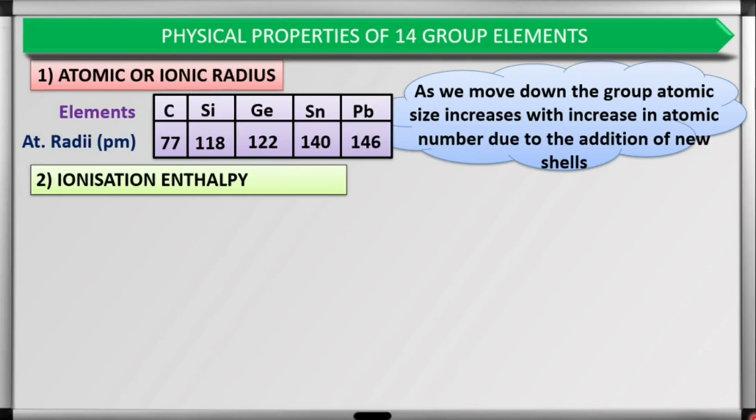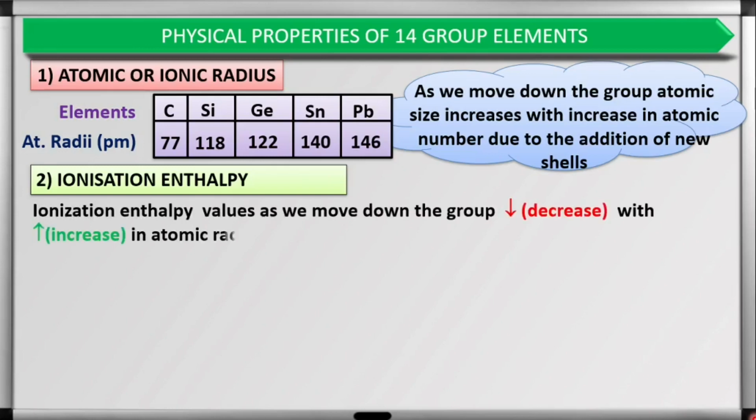Ionization enthalpy and atomic radii or atomic radius, ionic radius, these are inversely proportional to each other. Both are opposite. So ionization enthalpy values as we move down the group decrease with increasing atomic radii, because both are inversely proportional.